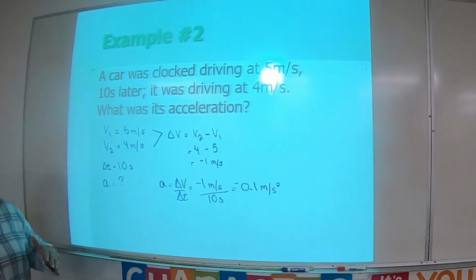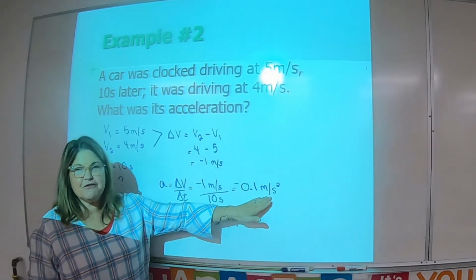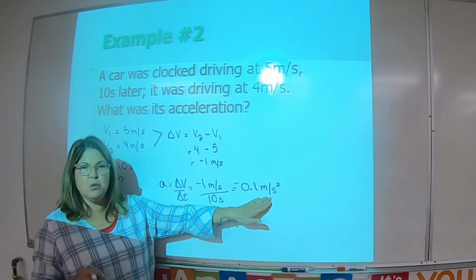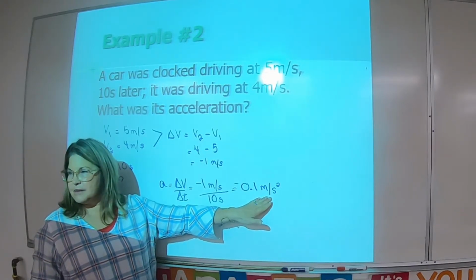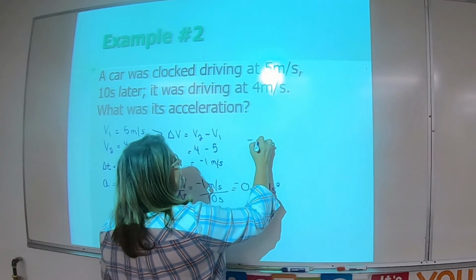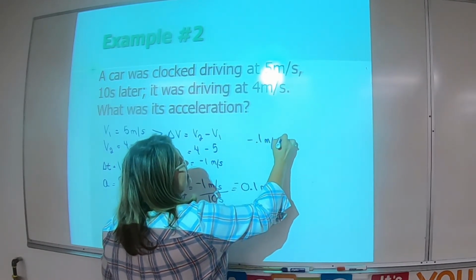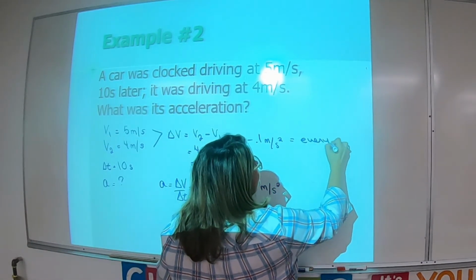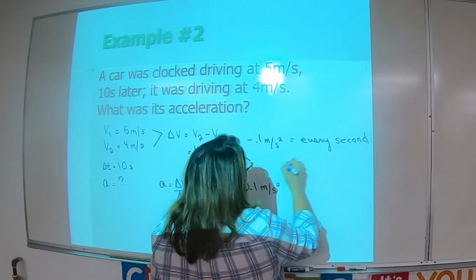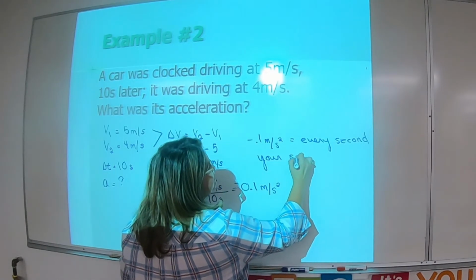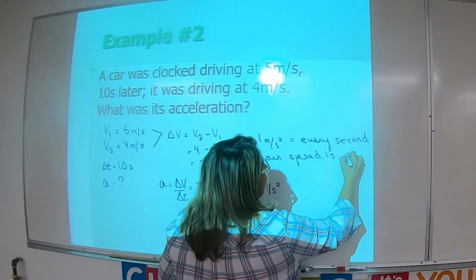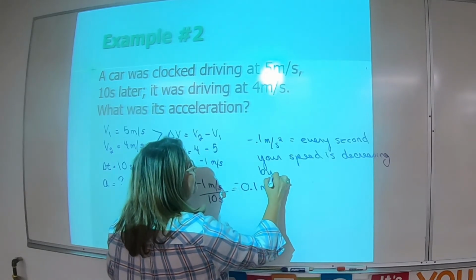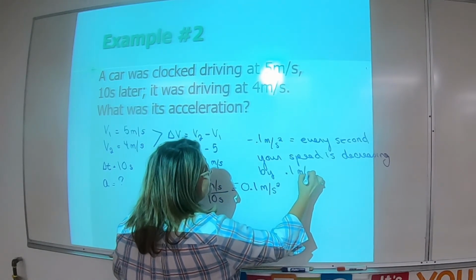So what does that tell us? It tells us that every second your speed is decreasing by 0.1 meters per second. Okay, so that's what we mean by negative 0.1 meters per second squared. It's telling you that every second your speed is decreasing by 0.1 meters per second.